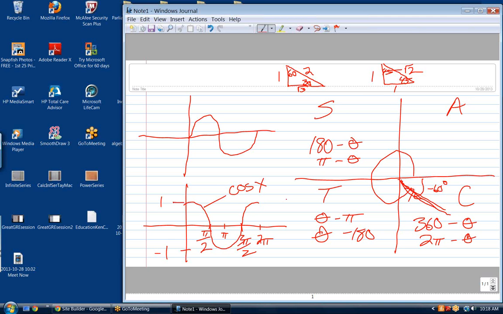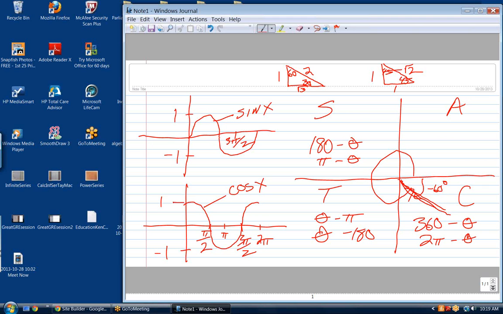So what's the cosine of 3 pi over 2? Okay, cosine of 3 pi over 2. Pi over 2 would be 0. Right. What is the sine of 3 pi over 2? -1.